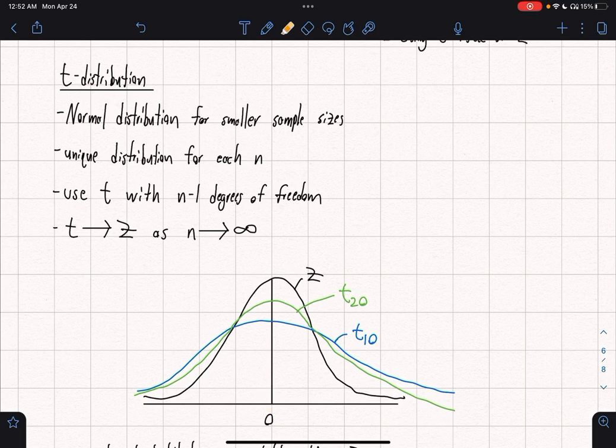But when we increase degrees of freedom to 20, we start to see it gets closer to that z curve. It's a little bit taller, not quite as wide, but it's still wider than the z distribution. You can almost think like some hand is coming down and pushing downward on this curve until we get these other distributions.